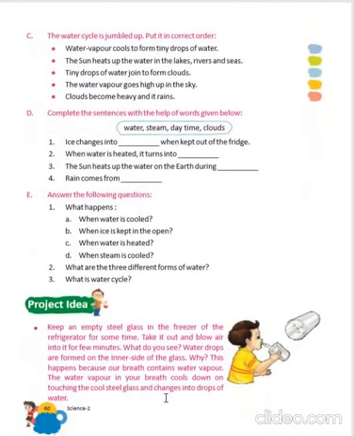Now come to C. In this, the water cycle is jumbled up. We have to put the steps in the correct order. So, what will be the correct order? The sun heats up the water in the lakes, rivers and seas.